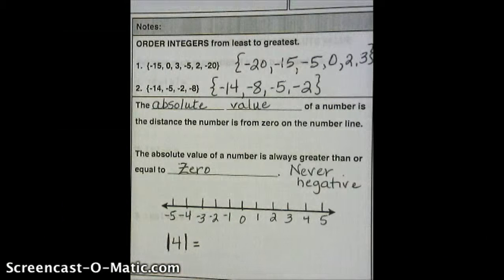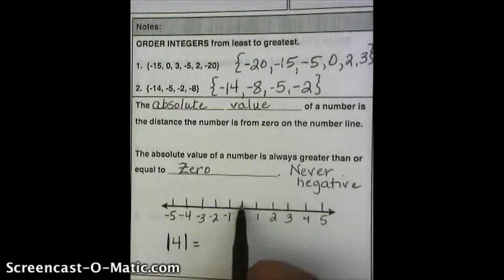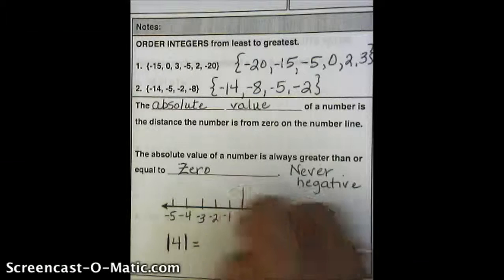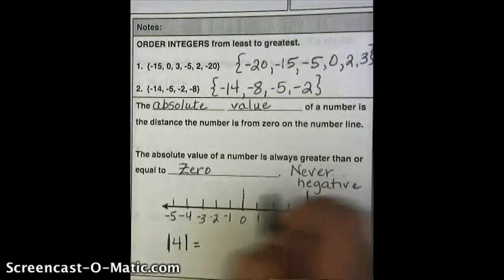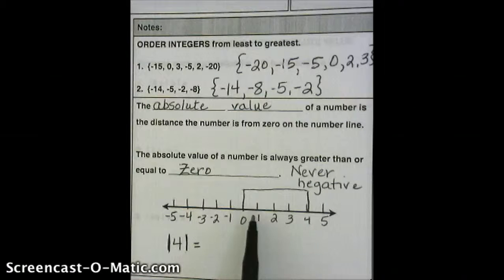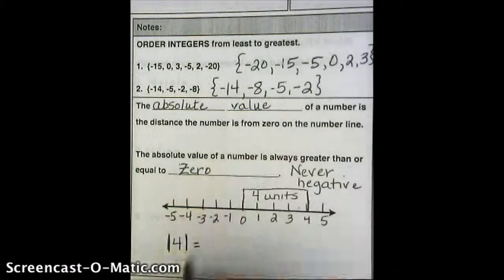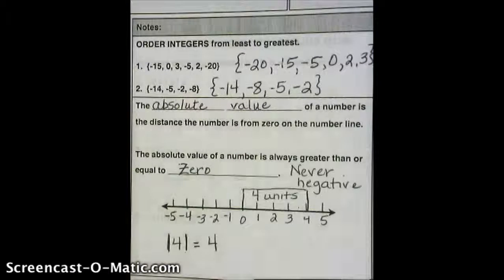So what we'll do is we'll look from 0 to 4, and if I count from 0 to 4, I have 1, 2, 3, 4 units. So the absolute value of +4 is 4.